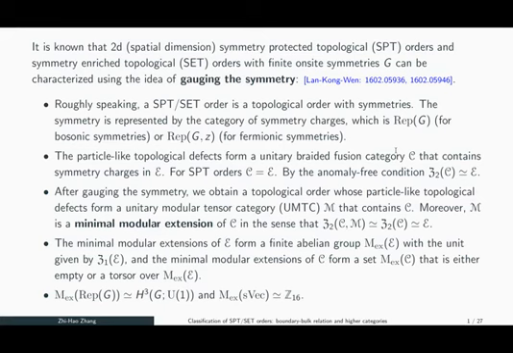So my question is, what is the requirement of C? It's just the Müger center of C is equal to E? Yes. Okay. So in the second remark, why do you consider particle-like defects in the 2D, the symmetry should be the line defect? This is 2D spatial dimension. Oh, 2D spatial. Yes.